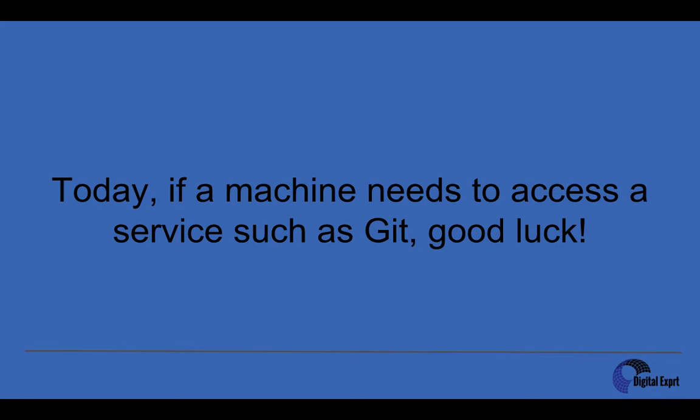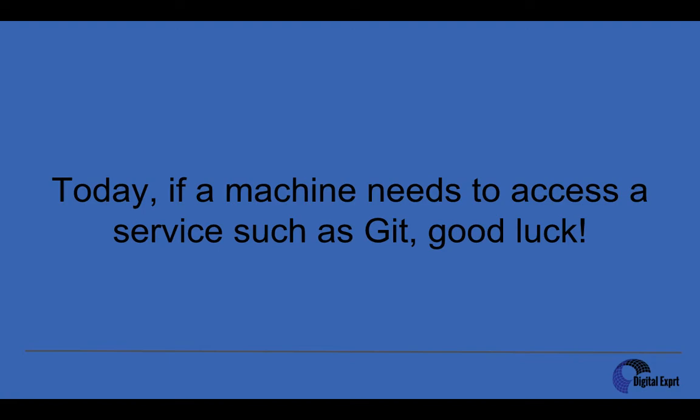And for example, today, if we have a machine or a system that needs to access a service such as Git, then all bets are off, because Git was built from the ground up with an operational interface to serve human needs, and it is completely opaque and very complicated and convoluted for machines to use, because Git is more like a chatbot that tries to implement some kind of common sense and human intuitive approach to requesting services.